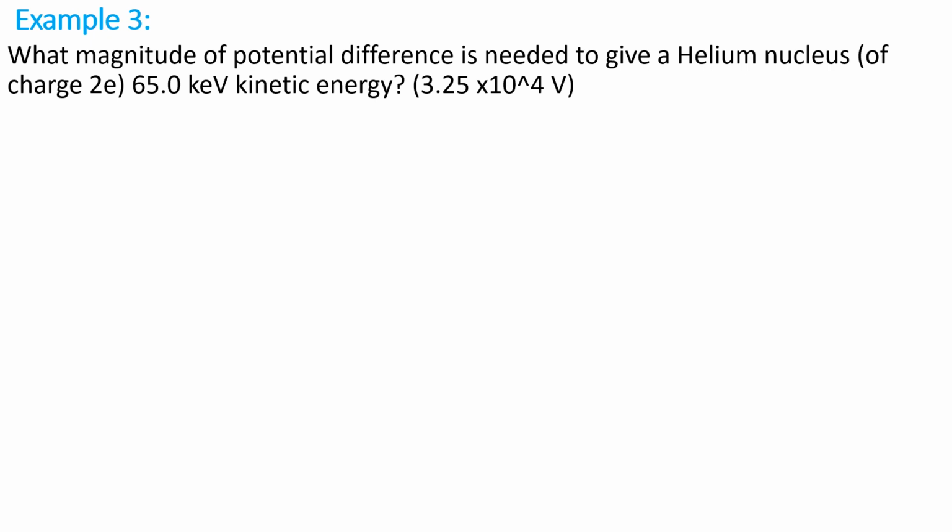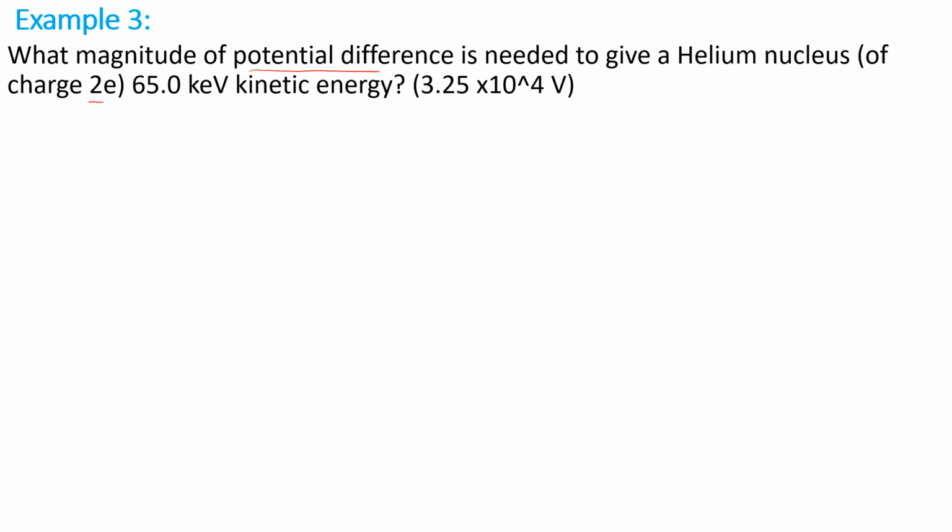When we place a charged particle in an electric field of a certain potential, that particle can be accelerated and gain velocity. So now we want to find the electric potential difference needed to accelerate a helium nucleus having a charge of 2e. E here represents the electronic charge, which we know very well.